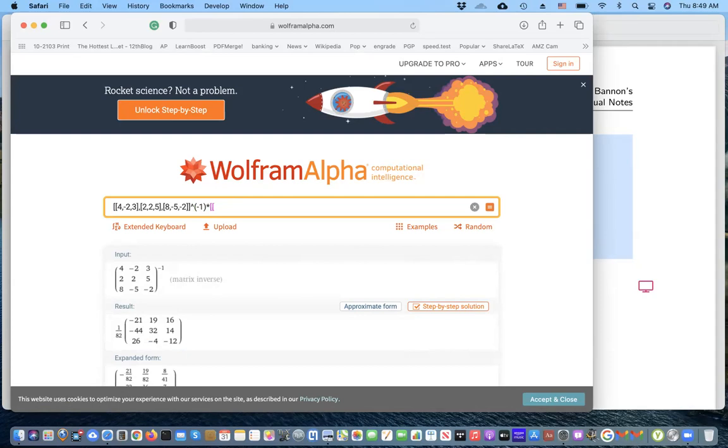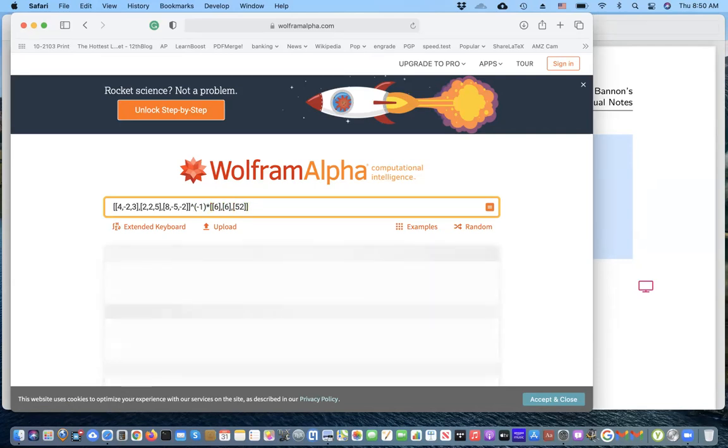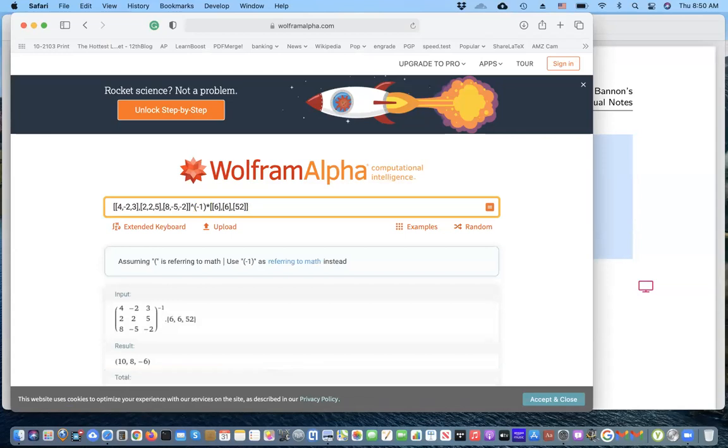Well, it's going to be 6, the first row. The second row is 6. And the third row is 52. And let's see how it does.